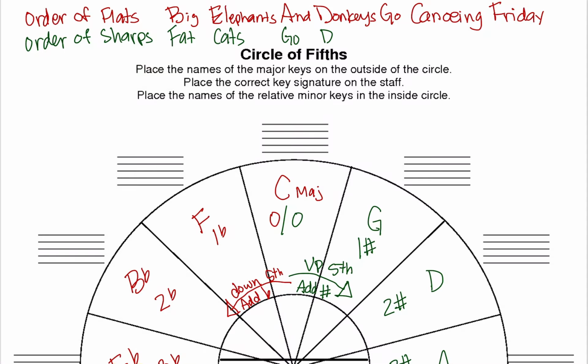Or birds or bagels, really, whatever you like. So if I have 2 sharps, they're going to be fat cats, F sharp and C sharp. If I have 6 sharps, it's going to be fat cats go down alleys eating, F sharp, C sharp, G sharp, D sharp, A sharp, E sharp.